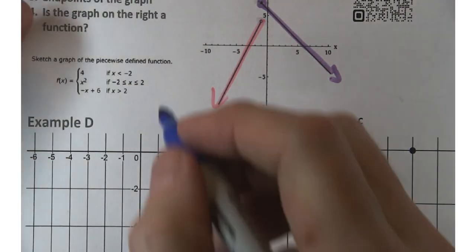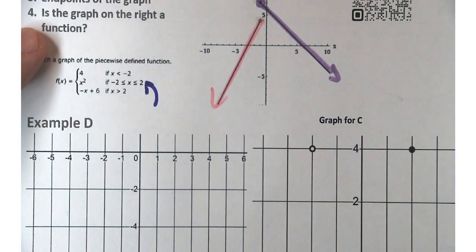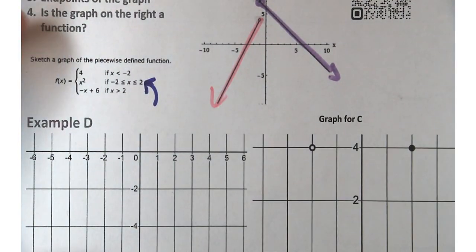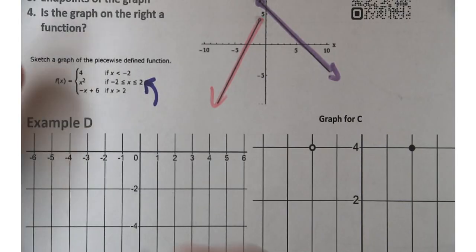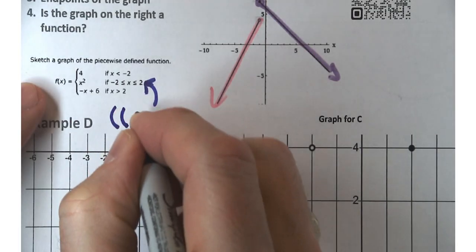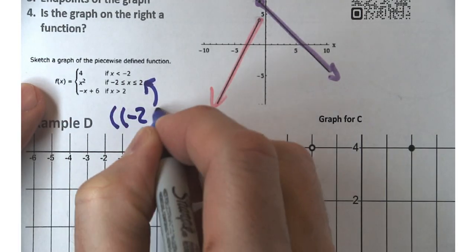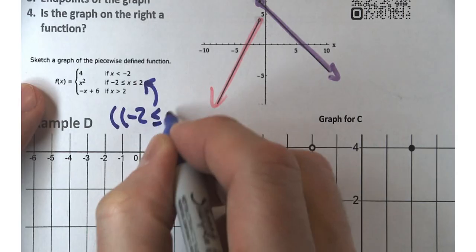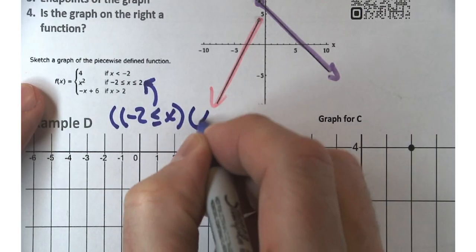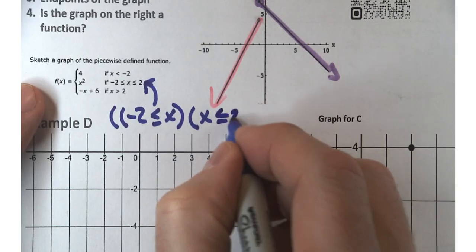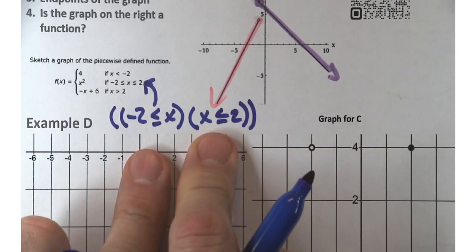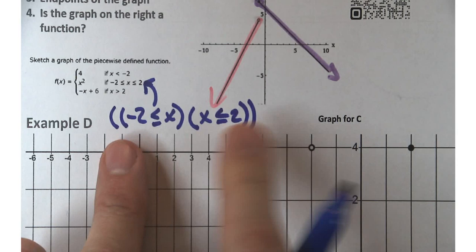If you're doing this on your graphing calculator, you've got to put that in kind of 2 pieces. Do you remember when we did that? We had to break it up. It was parenthesis, -2 is less than or equal to x, and x was less than or equal to 2. That's the condition you need to divide by, and you need those double parentheses in there.